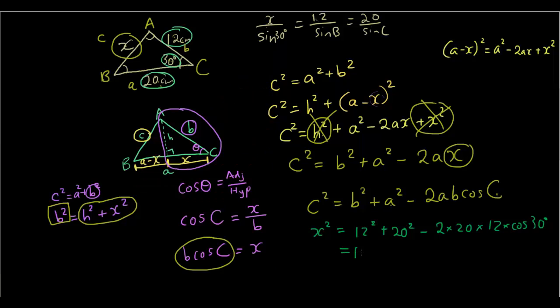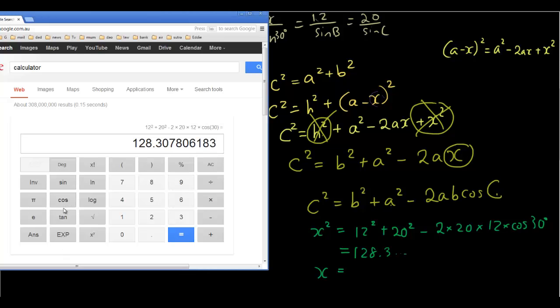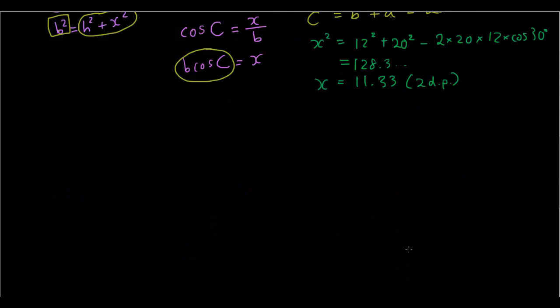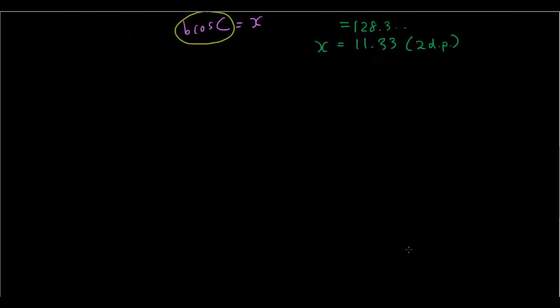And obviously we want to square root that. So x is equal to the square root of that, which is 11.33, rounded to 2 decimal places. So obviously, once you know the cosine rule, you don't have to prove it every time you want to use it.